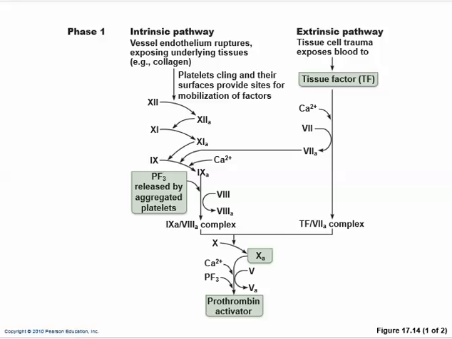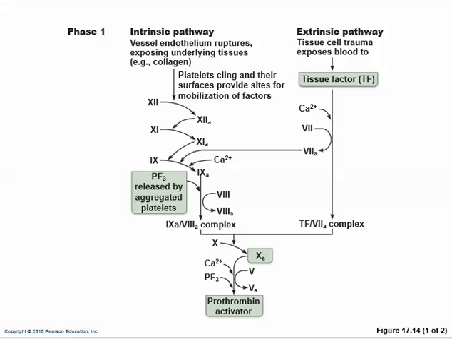Now, intrinsic means within, extrinsic means without. It's going to throw you a little bit because it seems backwards, but the intrinsic pathway is blood clotting because of factors that are found within the blood. That's why it's intrinsic.